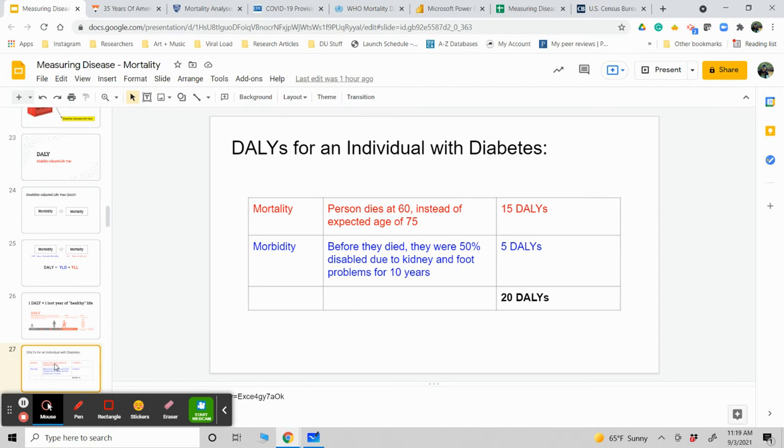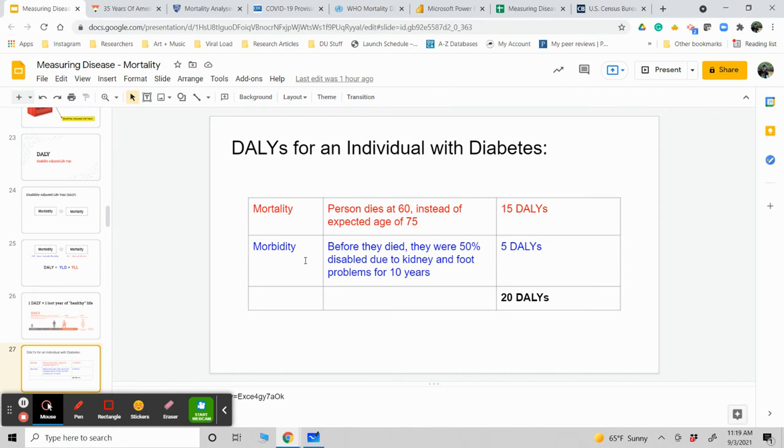So let's say we wanted to calculate the DALYs for one person with diabetes. This person dies at age 60, and they live in a country that has an expected age of 75. So do the math, and they have lost 15 potential years of life.